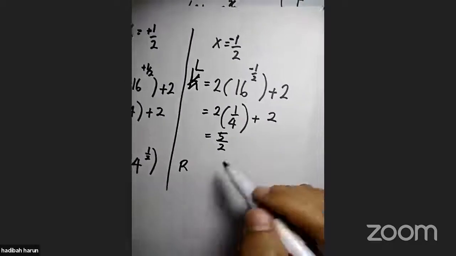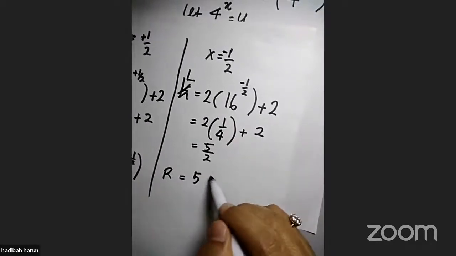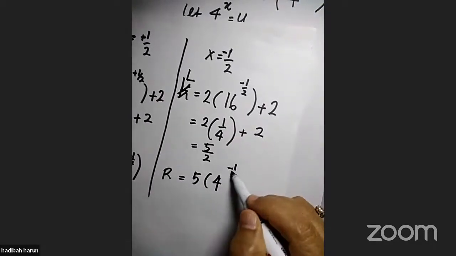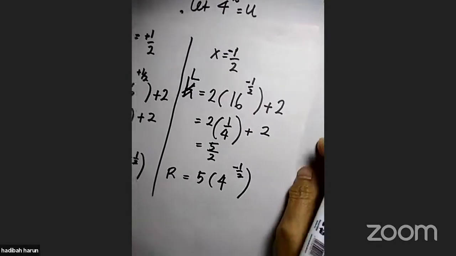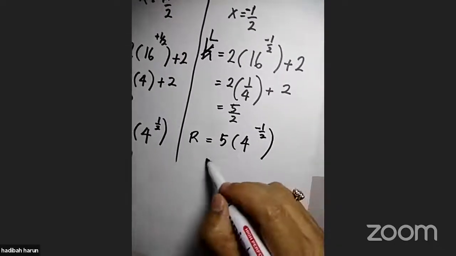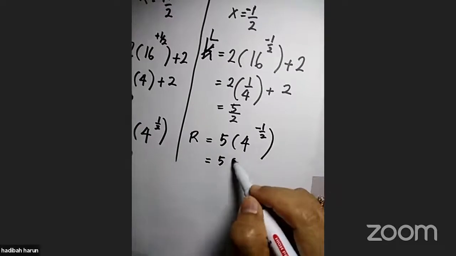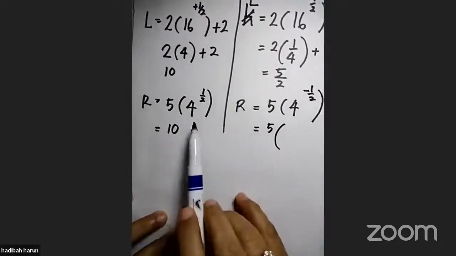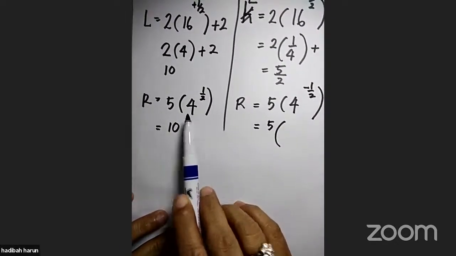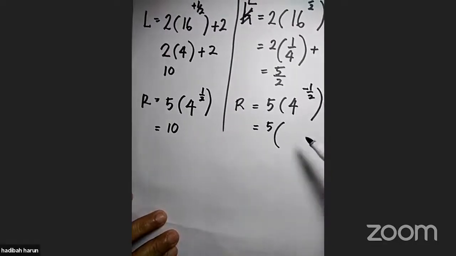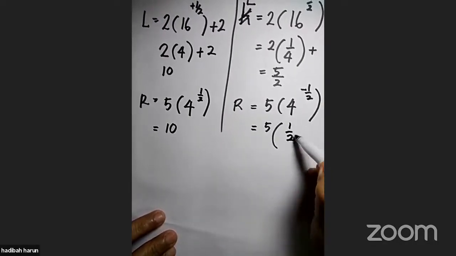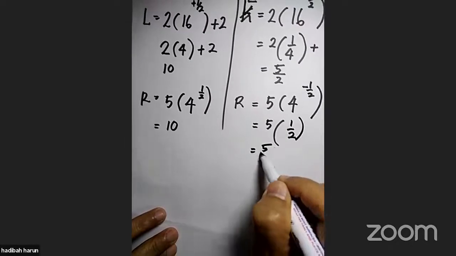On my right, I will have the term 5, 4 to the power of my x is negative half. Okay, so I will get, this is 5. Okay, this one, as you can see, square root of 4 is 2. 4 to the power negative half is 1/2. So the answer is 5/2.